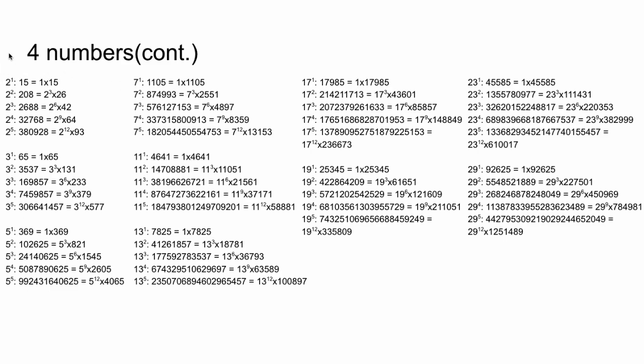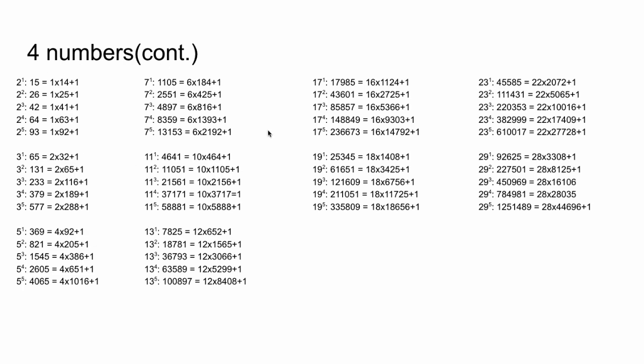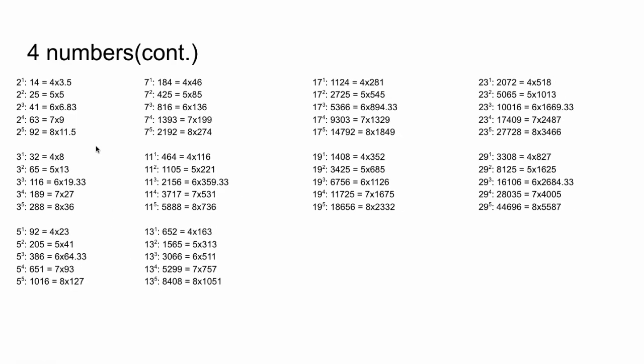So I'll subtract 1 from every number and divide by p-1, which is this. And then if you remember what we did before, we divided the first number by 3, the second one by 4, and so on. I'm going to do something kind of similar here, but I'll divide the first number by 4, the next one by 5, and then 6, and so on. And we end up with this.